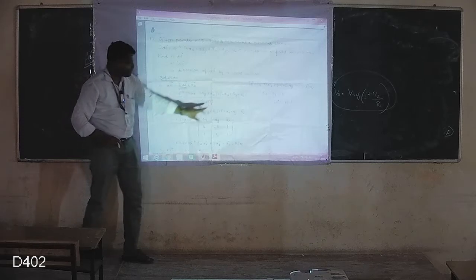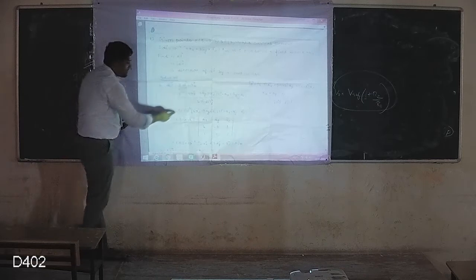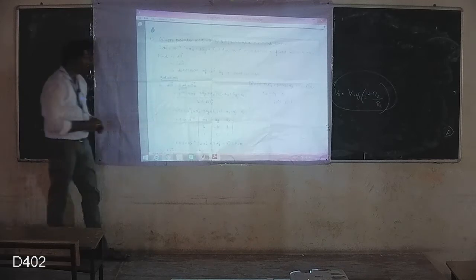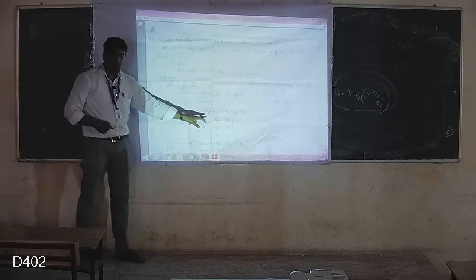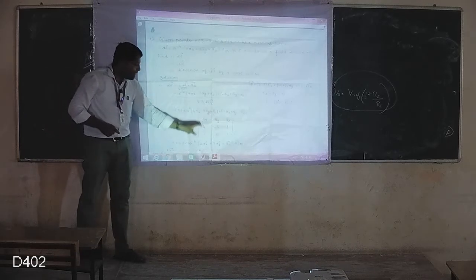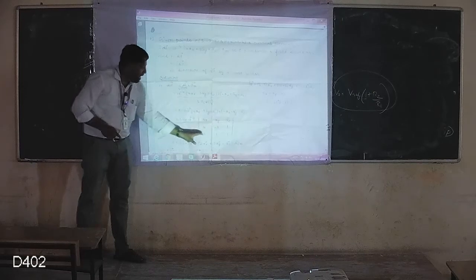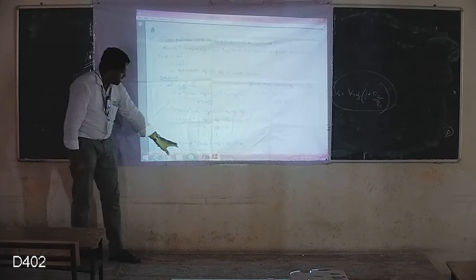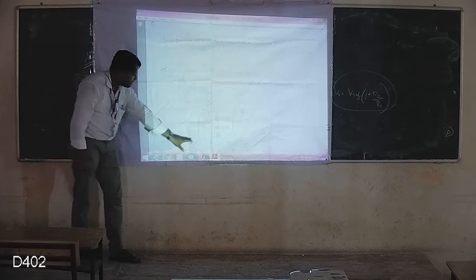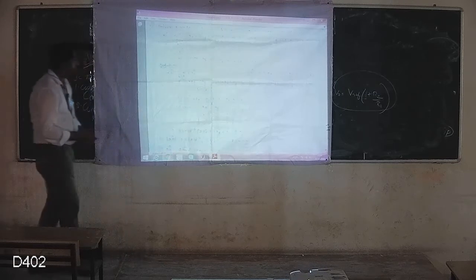All the constants evaluate to 1.53 micro, and these two are a cross product. To evaluate the cross product, we make a determinant. After expanding the determinant, I get 1.53 micro times (2aX plus 3aY plus aZ).